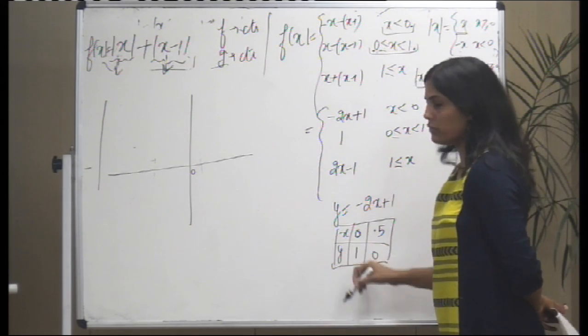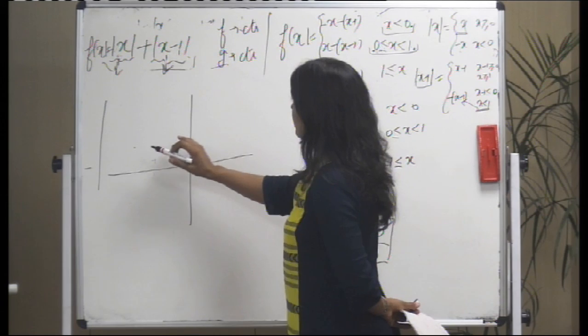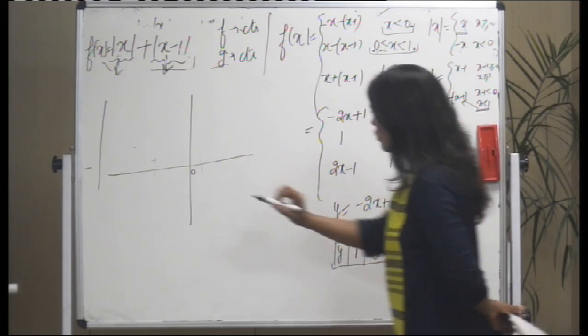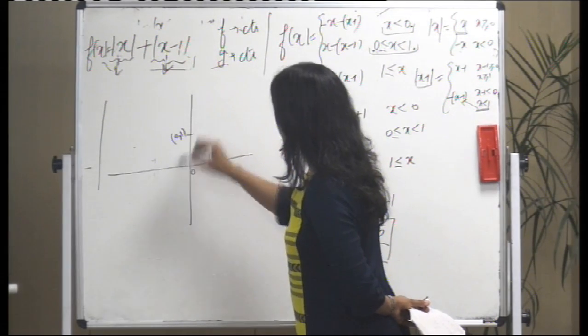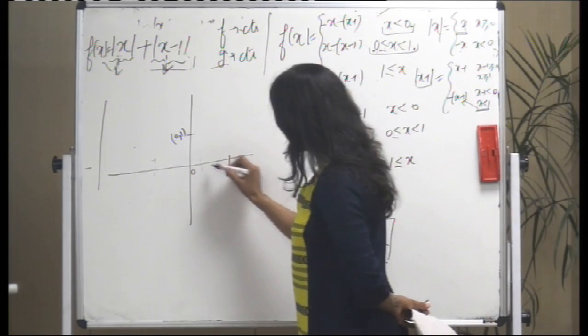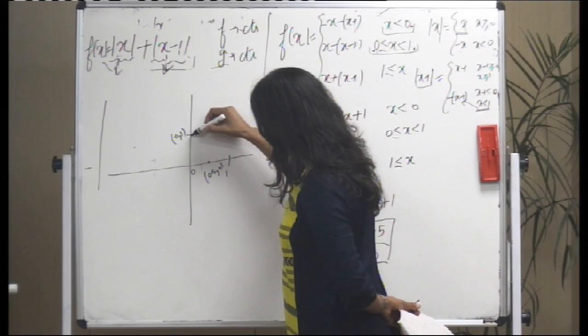So this is the function. Minus 2, 0, 1: the point (0, 1) is where y is 1. Then 0.5 will be somewhere here, so the point (0.5, 0). This is the line.